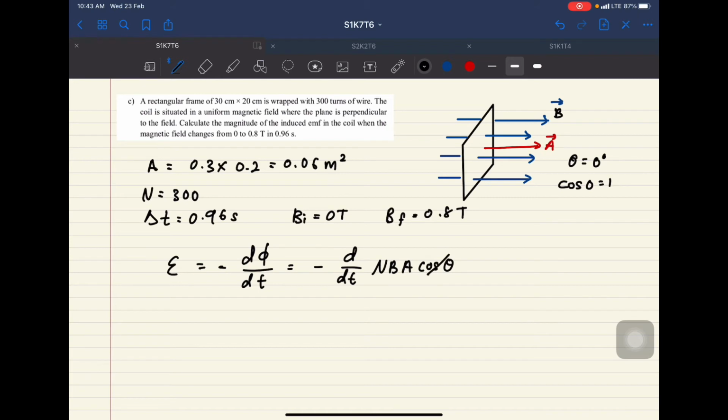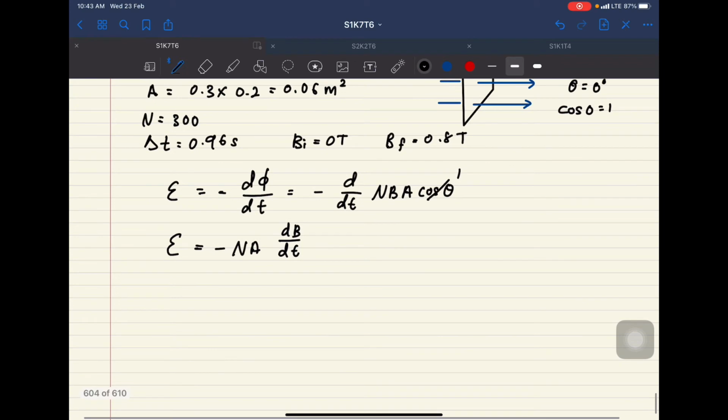The only thing that is changing is the magnetic field, so I can leave the magnetic field on the right hand side. So you're left with negative NA dB over dt, which is basically B final minus B initial. Okay, so negative NA, B final minus B initial, divided by change in time.